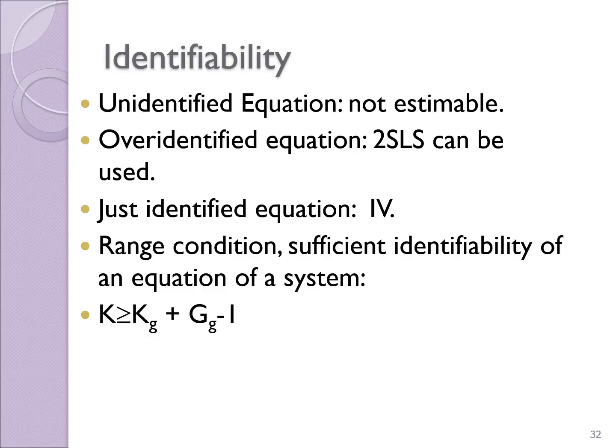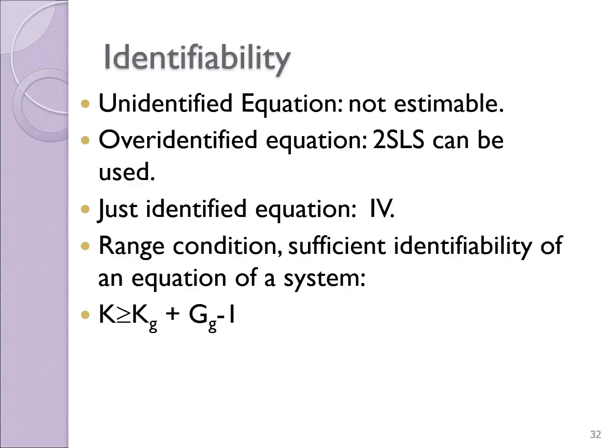The big problem that we have now here is the identifiability. How do we know that an equation is identified, so that we know what the estimates are, or unidentified or over-identified? Okay, so remember, if it is just identified, you can estimate by instrumental variables, no problem.